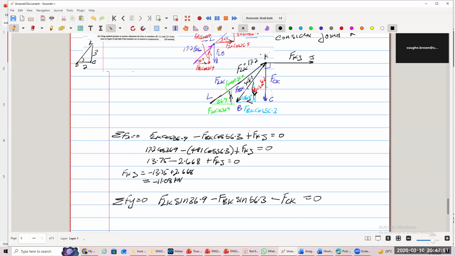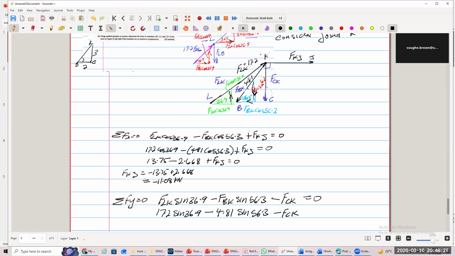So the first one is 17.2 sin 36.9. And then what is BK now? Did we calculate BK yet? BK value was 4.81, you sure? 4.81 sin 56.3 minus F_CK.